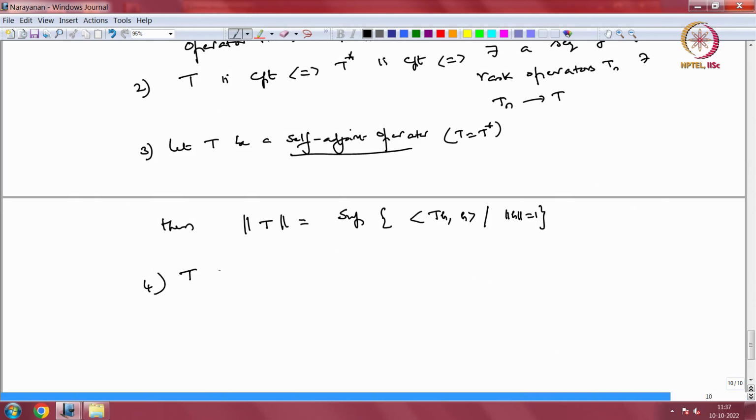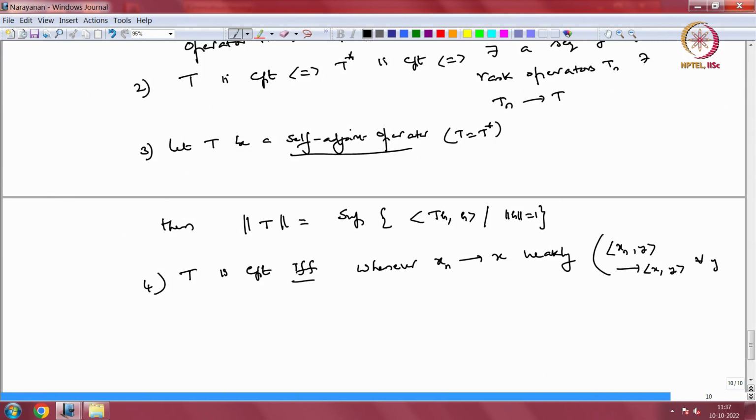T is compact if and only if, whenever x n converges to x weakly. Okay. What does that mean? Convergence weakly means the inner product of x n with y converges to the inner product of x with y for every y in your Hilbert space, right.